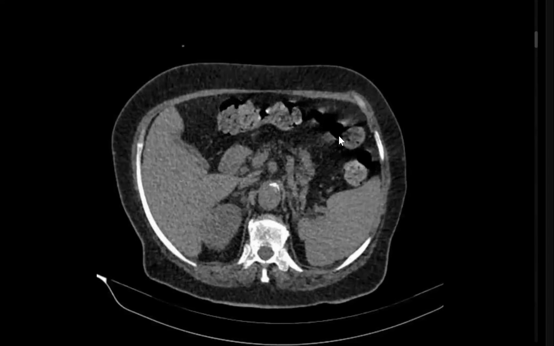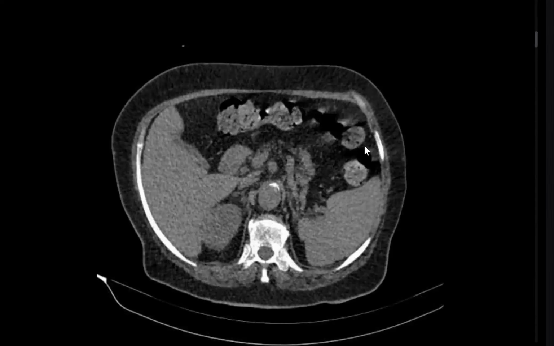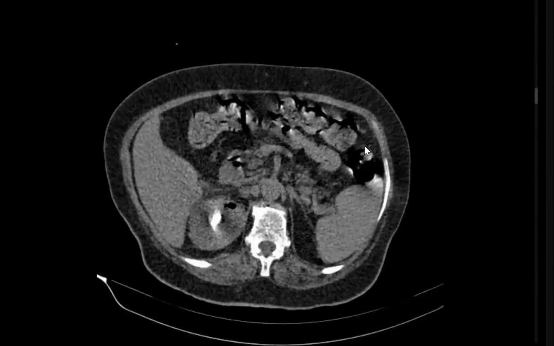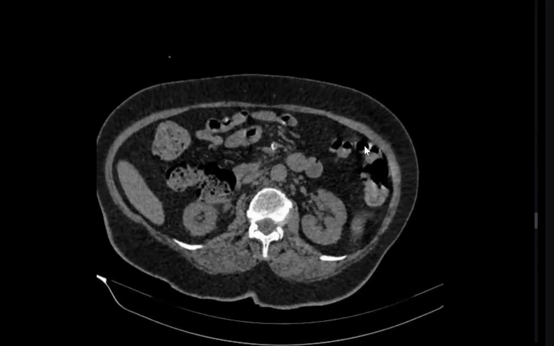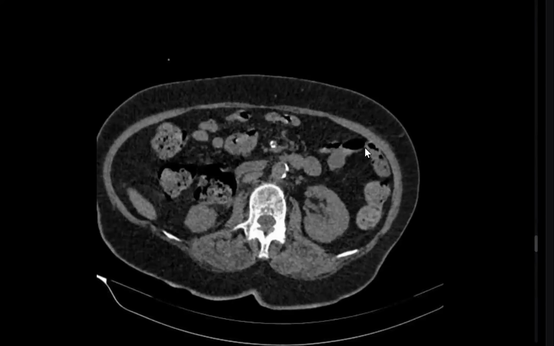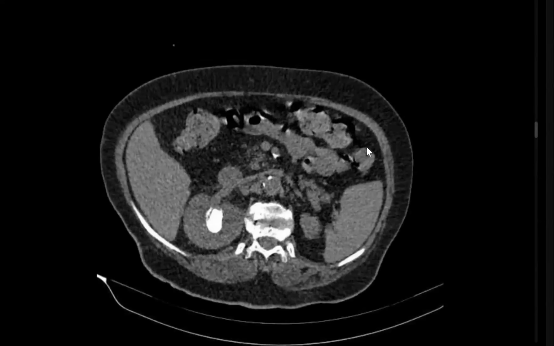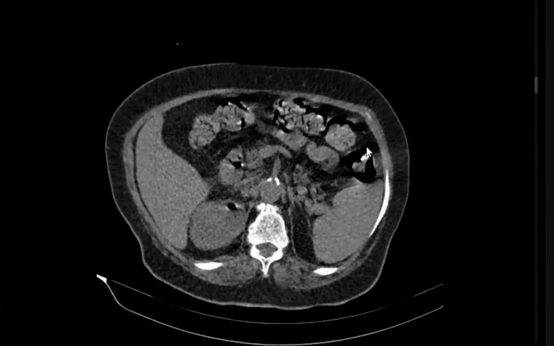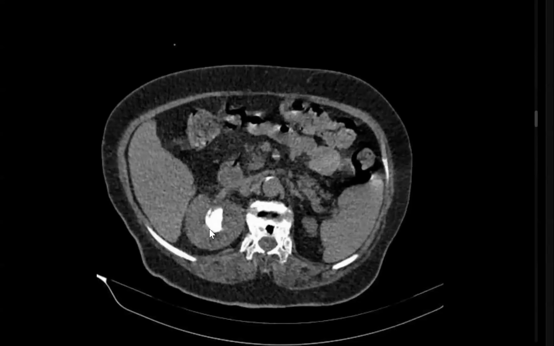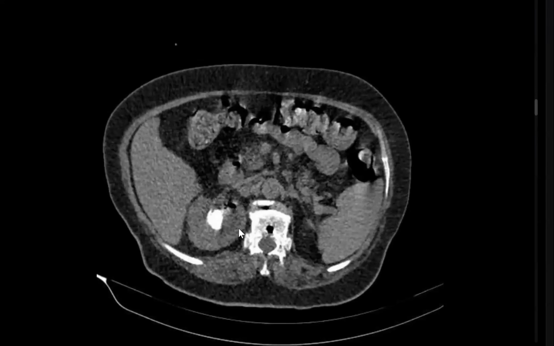Proceed. No history has been provided. I've been provided with the non-contrast CT of the abdomen. I'll scroll through the images. I can see the right kidney shows a central dense stone associated with multiple gas foci seen within the renal parenchyma.